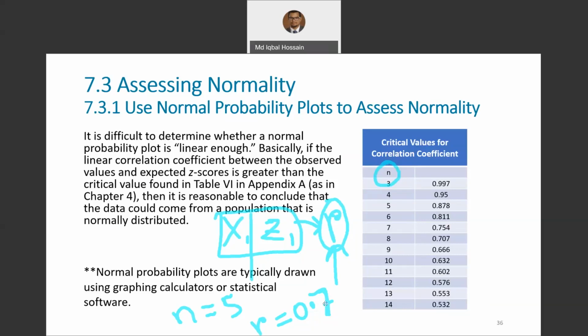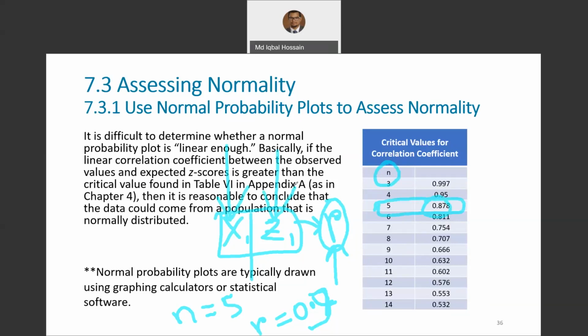If instead of 0.7 we had 0.9 here, then as 0.9 is greater than the critical value, we would say the linear relationship between x and z is significant.